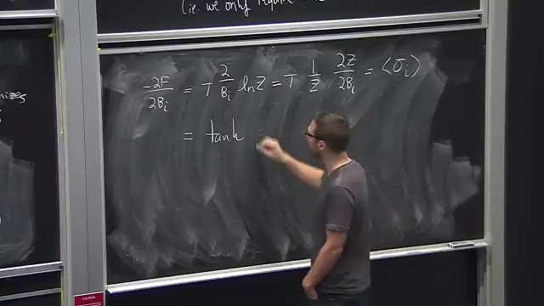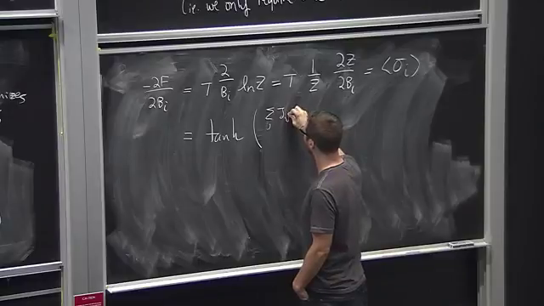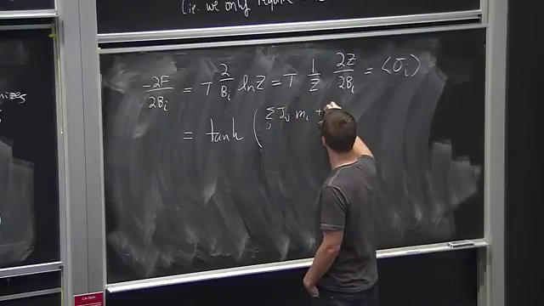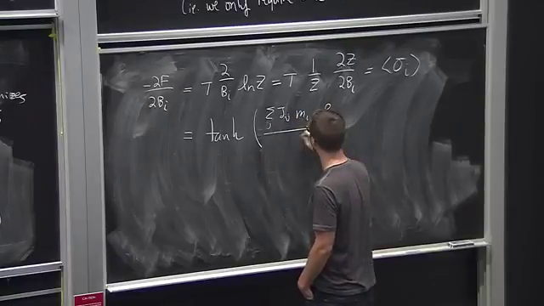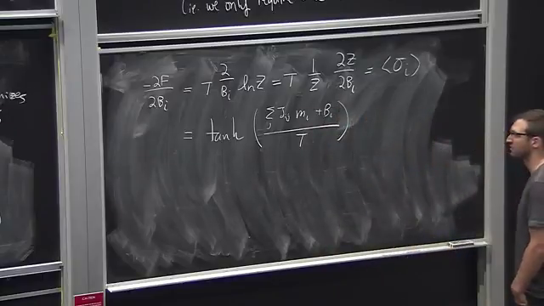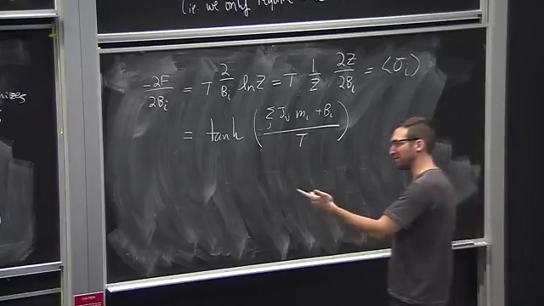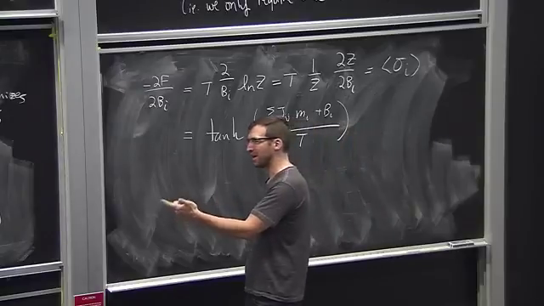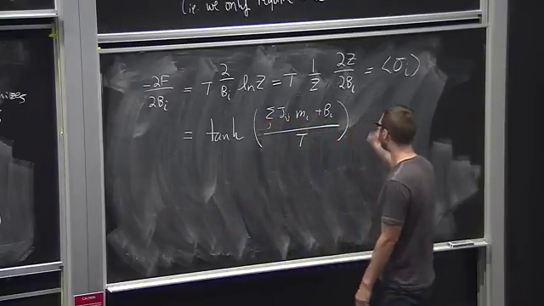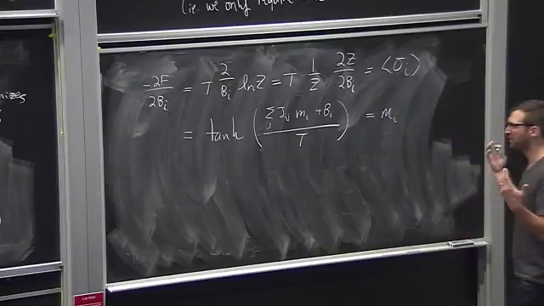So J_ij m_i, I can leave this in. If I found the minimum explicitly of that free energy, then I would see that this is just my field, m_i.